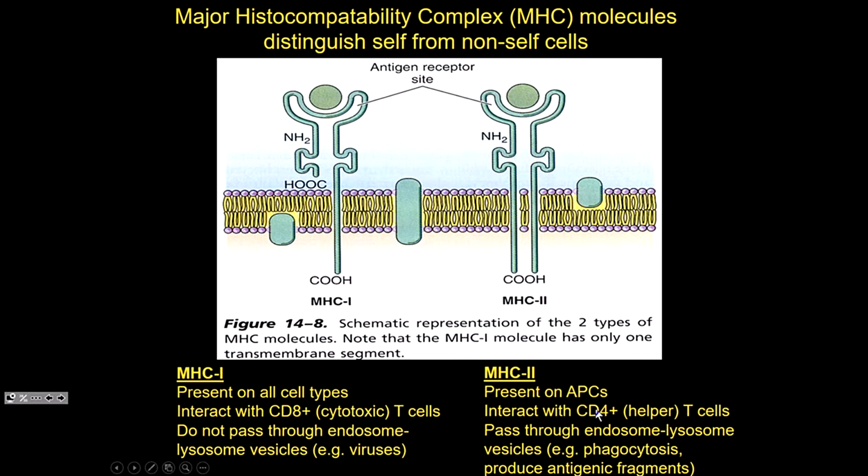The helper T cell, which we call CD4 positive, and helper are the same thing, synonymous, can then release a number of cytokines to promote differentiation of B cells into plasma cells to produce antibodies against that pathogen.